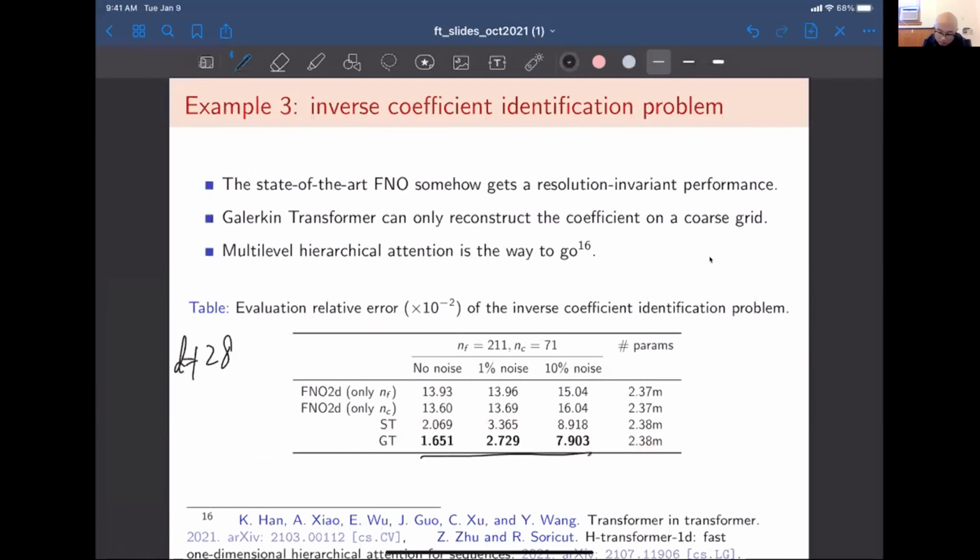As we can see, if we have noise, it was pretty bad. If we have no noise, the result is kind of good. If we add 1% noise, because of the worsened Lipschitz constant, the noise got amplified by the operator itself as well as the black box model. So this evaluation accuracy is not very impressive.